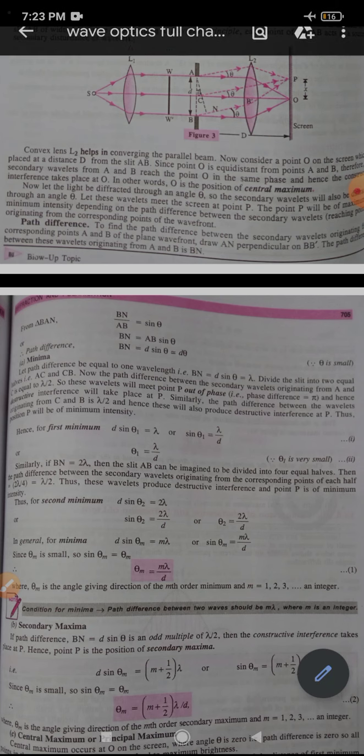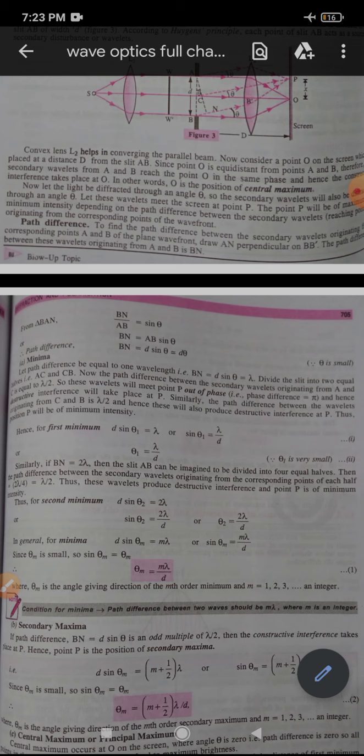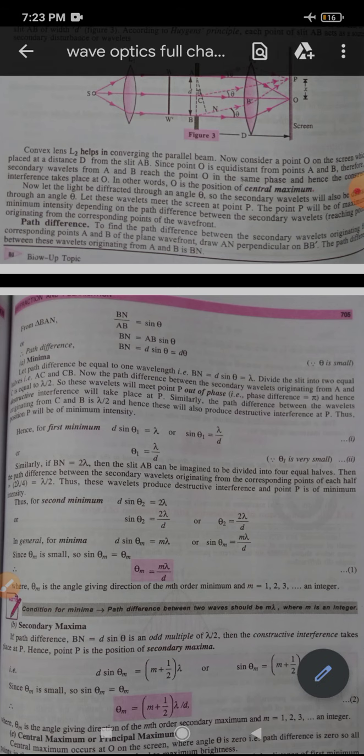Similarly, this theta 1 is the angle for the first minimum. Now if we take BN equal to 2 lambda, then the slit AB can be imagined to be divided into 4 equal halves.